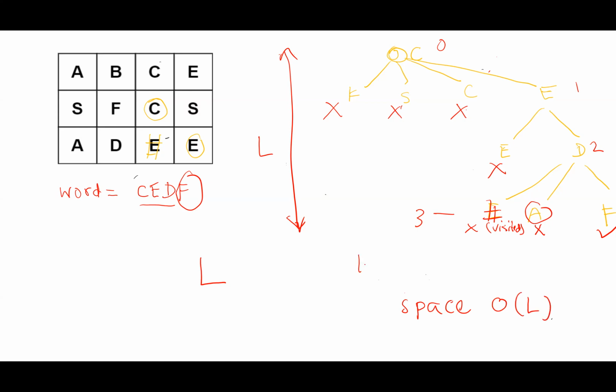And the time complexity: in the worst case, we are going to try every node. So if there are, suppose, n grid cells, and from everywhere I do DFS, you see how many nodes we visit. In every level, there are L levels.